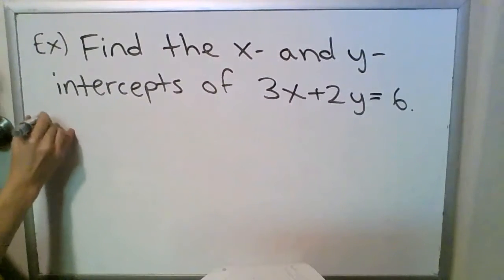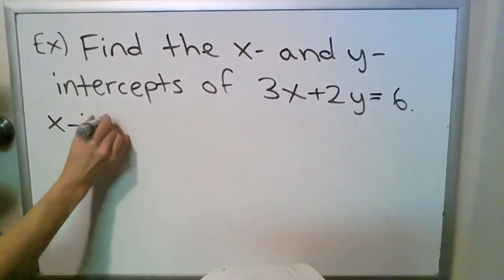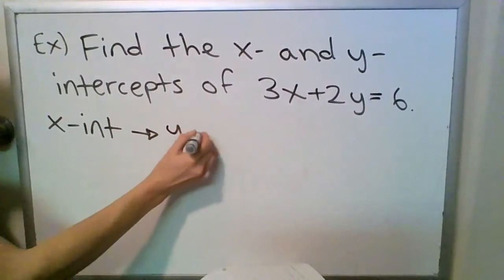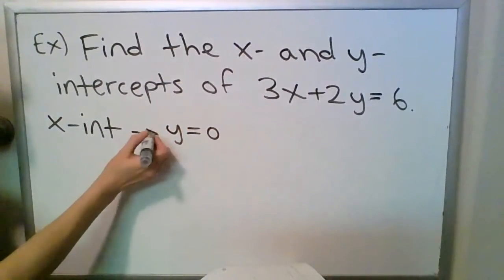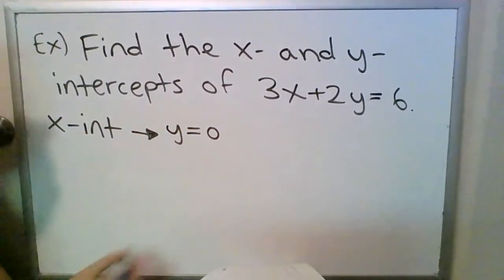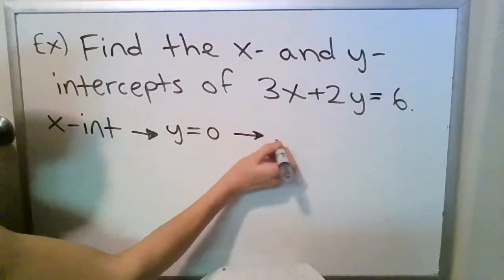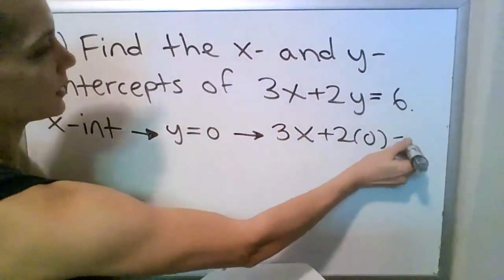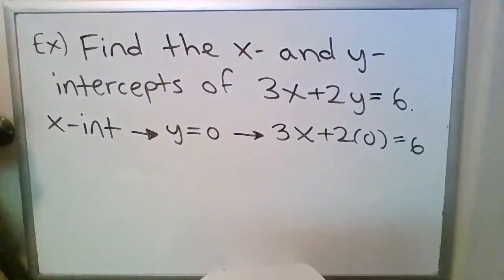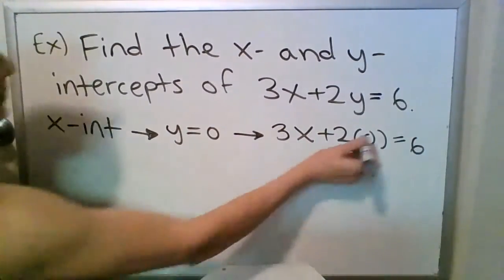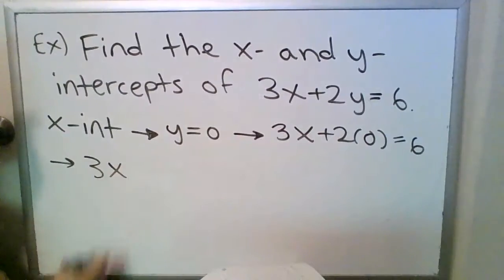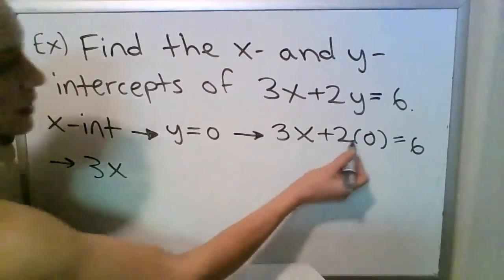Cool. I want to start with the x-intercept, which is where you put y equal to 0. That makes this 3x plus 2 times 0 equal to 6. Okay, that would make 3x equal to 6.